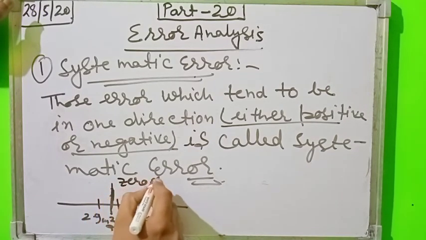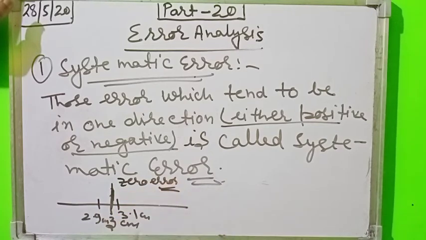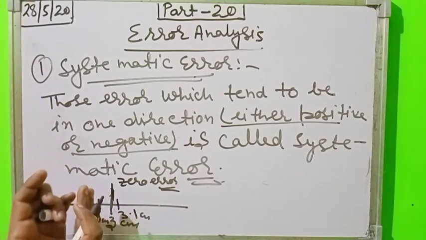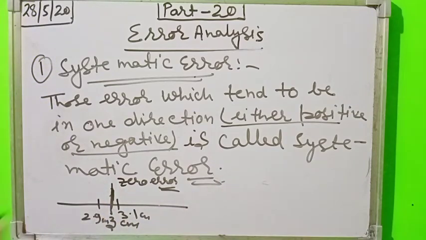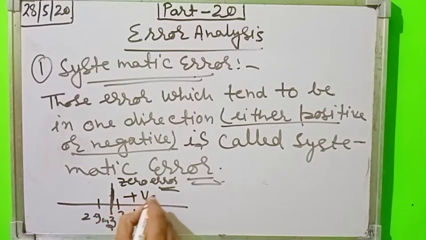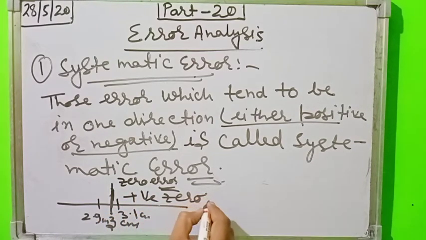If you are moving towards 3.1 centimeter, towards the right of the exact value, then it is positive zero error.